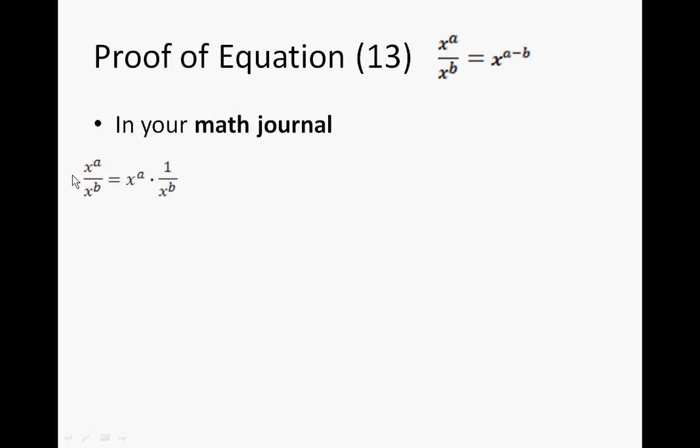So remember that this as a fraction, even though it's a division, can be written as multiplication. So x raised to the power of a is the same as multiplying by 1 over x raised to the power of b. And this is known by the product formula of complex fractions, or you can call it invert and multiply. It's the same thing.